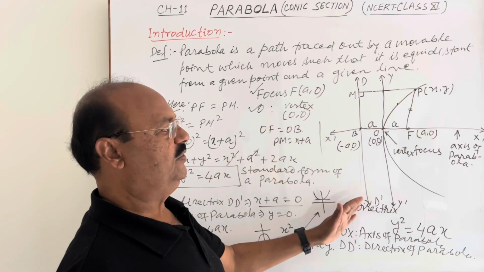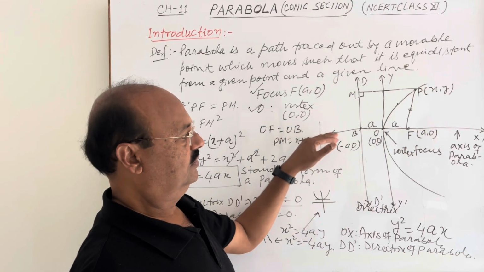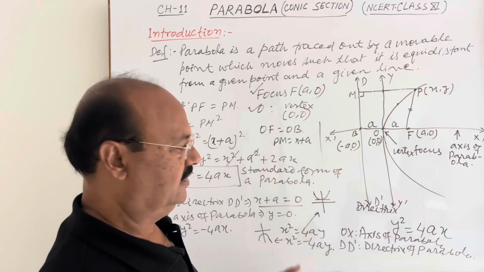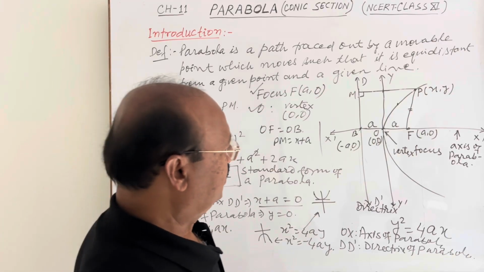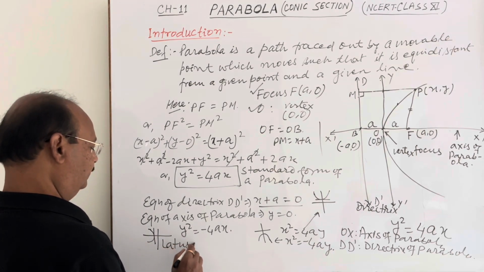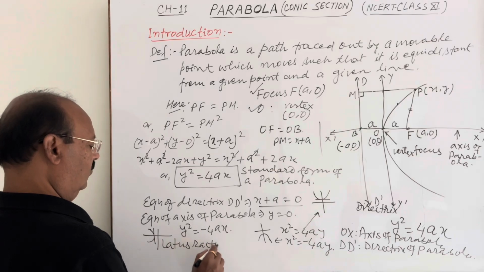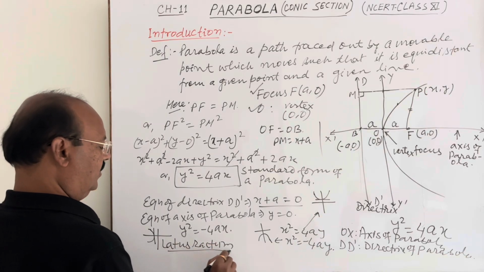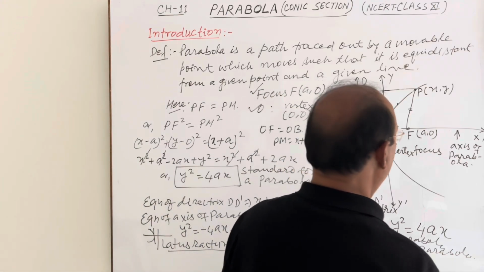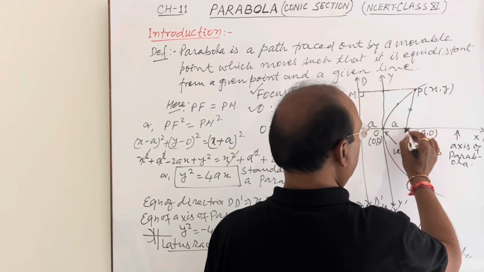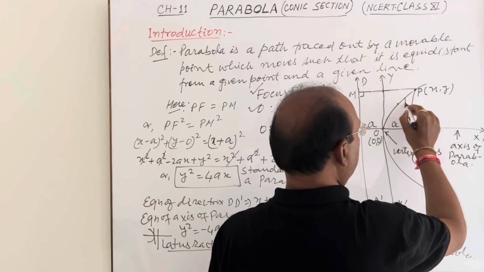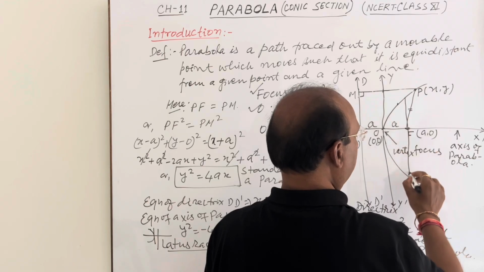The equation of the directrix will change, and the equation of the axis of the parabola will change. Okay? So that we will discuss in other videos. And now let us discuss the latus rectum. What is the latus rectum of a parabola? If we draw a perpendicular from this point F, then this perpendicular will meet the parabola at two different points.